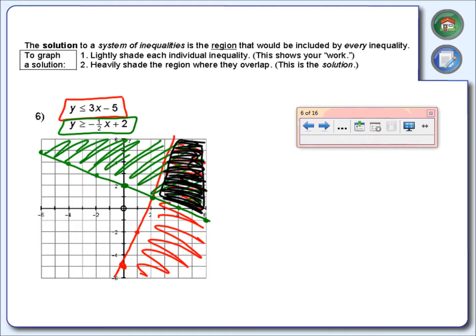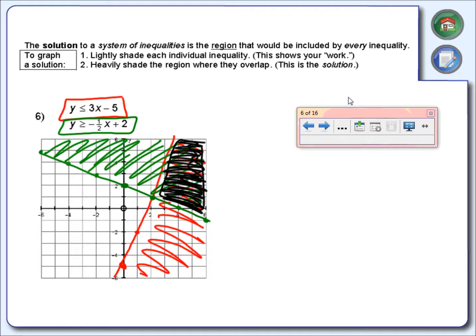That's the part I'm going to be looking for when I grade this. That's all the ordered pairs that would satisfy both inequalities. So when we graph systems of inequalities, we're looking for where they overlap. That's the important part.